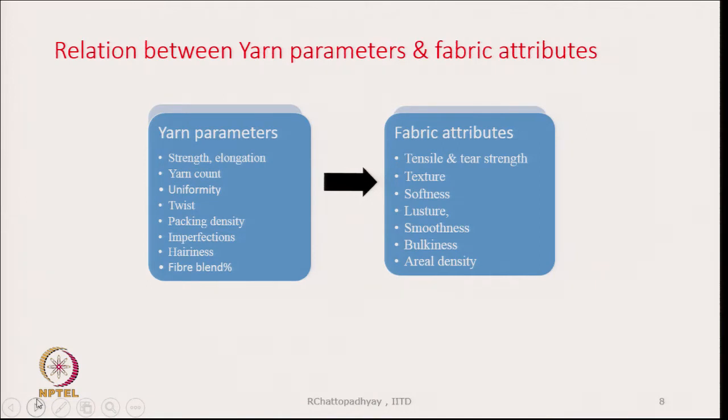And now, the attributes of the fabric which are affected by these are tensile or tear strength, texture, softness, luster, smoothness, bulkiness, areal density. So many fabric attributes are affected by the various yarn parameters that we have listed.